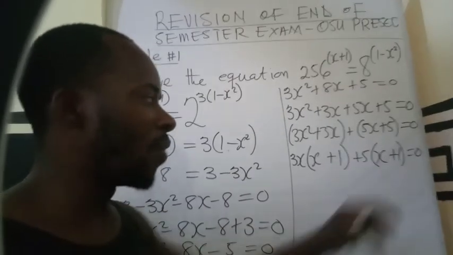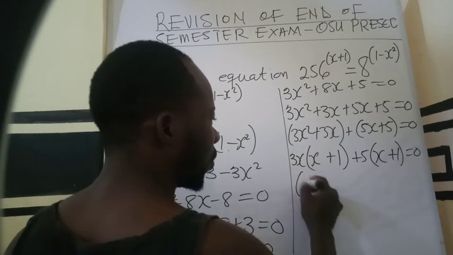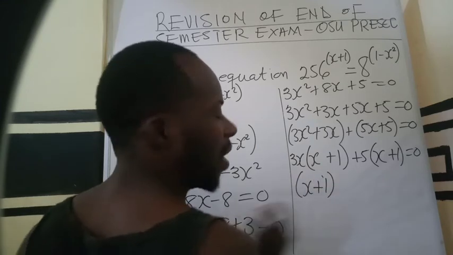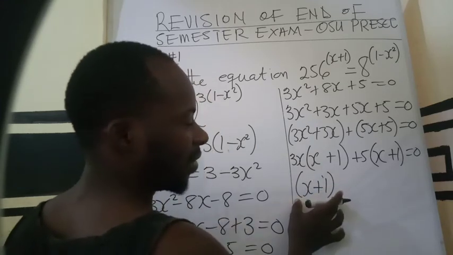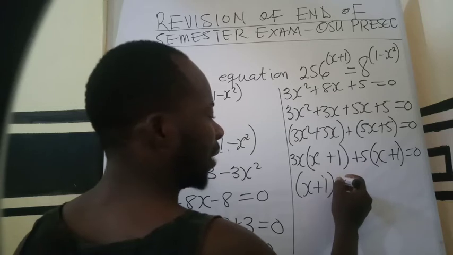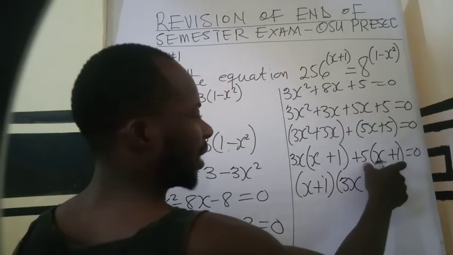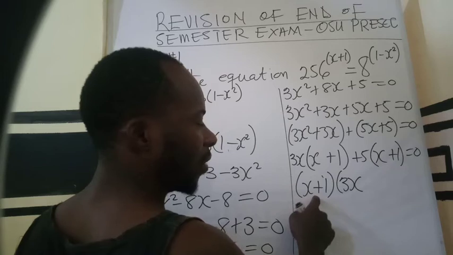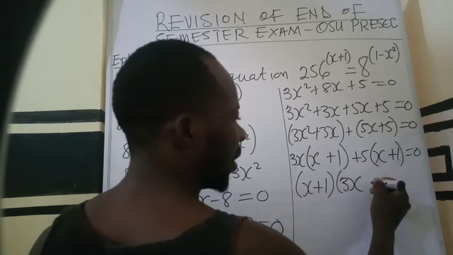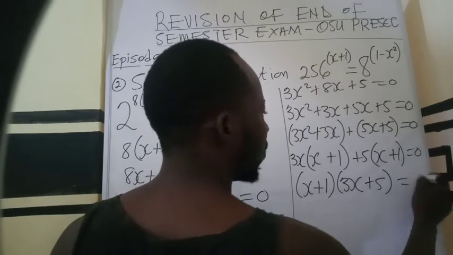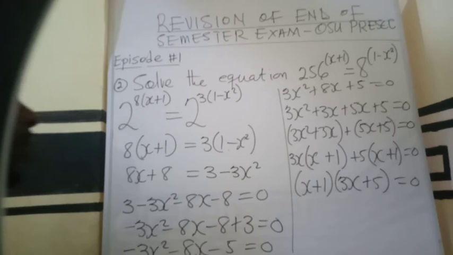So if they have a common factor, I pick that common factor out. This is their common factor. What multiplies this to give me the first term? And that will be my 3x. What multiplies this, x plus 1, to give me back this? And that also be what? Plus 5. All equals to 0.